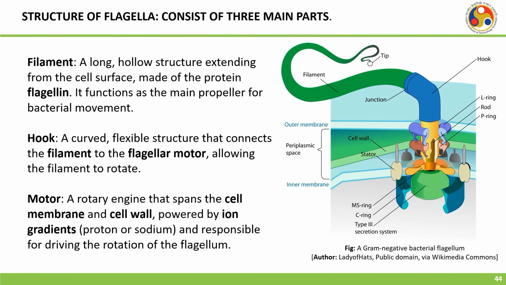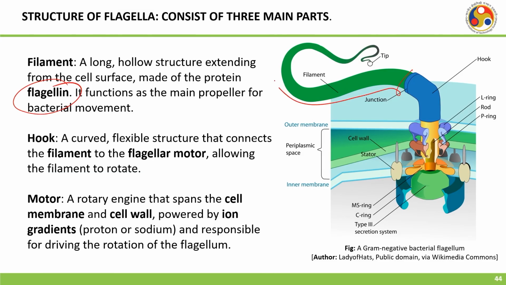Let us look into the structure of flagella. It consists of 3 main parts: the filament, the hook, and the motor. The filament is a long hollow structure extending from the cell surface, made of the protein flagellin.